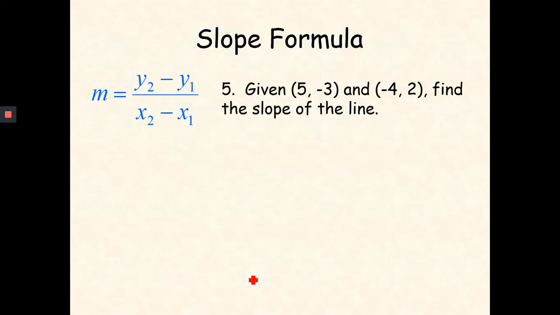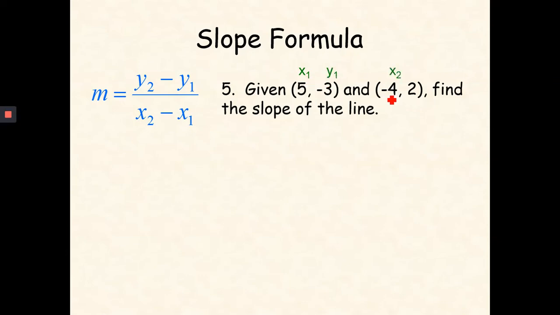Okay? Let us have another one. This one. Given (5, -3) and (-4, 2), find the slope of the line. So we are going to name those ordered pairs. Okay? So your 5 as x sub 1, and then your negative 3 as y sub 1.